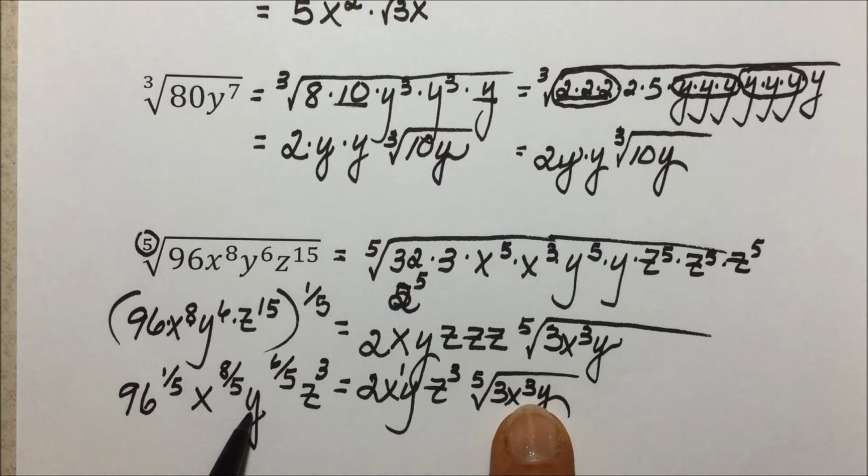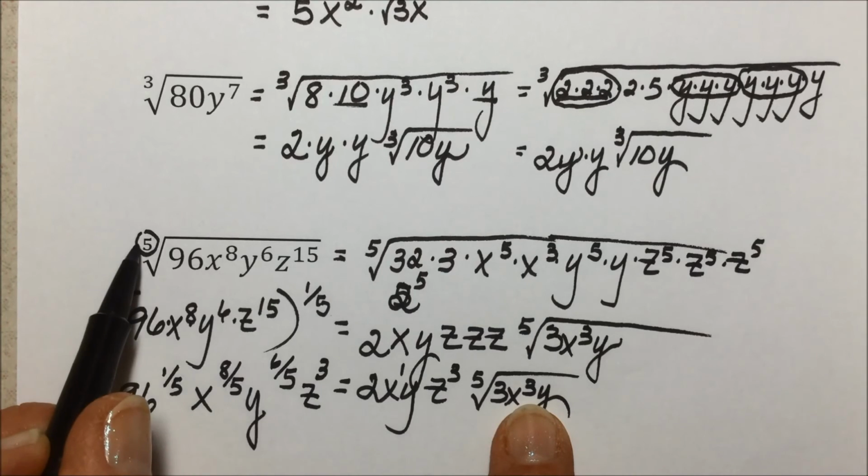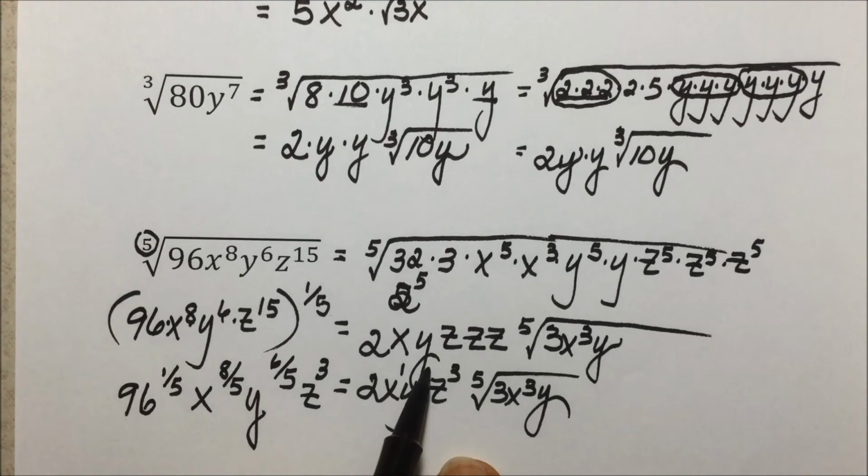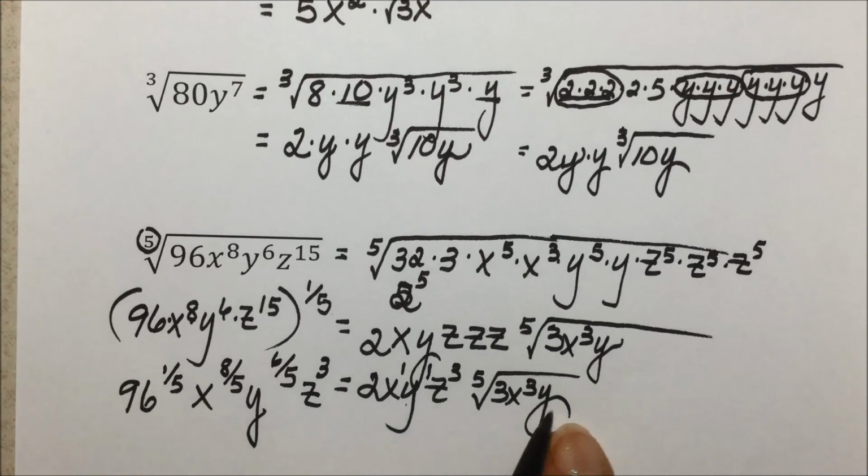When we move to the next one, y is to the 6/5 power. 6 divided by 5 is 1. In other words, there's one group of 5 y's multiplied together, and here it is, y to the 1st power, with 1 left over, and that 1 left over remains underneath the radical sign in the radicand.